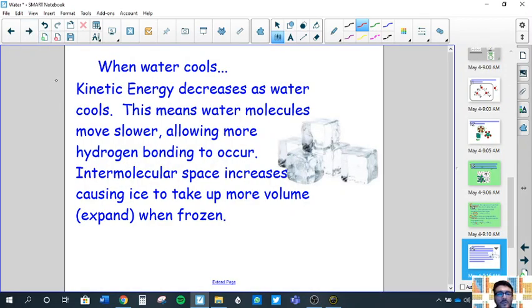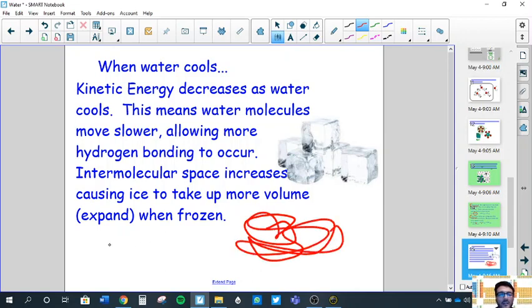So when water cools, kinetic energy decreases. That just means instead of water molecules flipping around and moving really fast, they slow down enough for hydrogen bonding to occur.